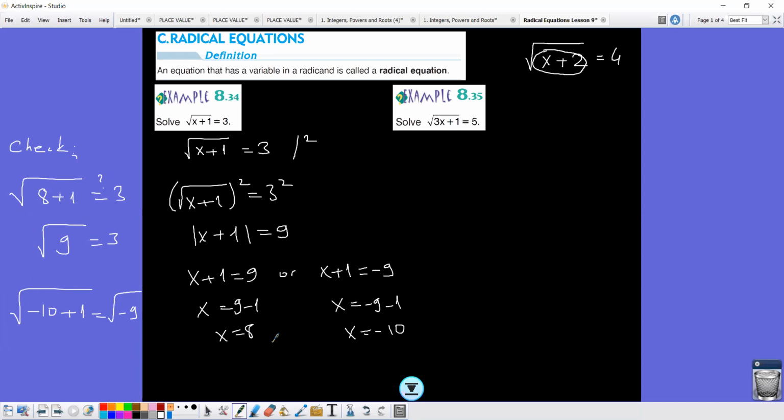It's okay like this? Yes, the square root of minus 9 will be undefined. So here we will have only one solution, the positive one. We are taking only the positive one, okay? Okay.